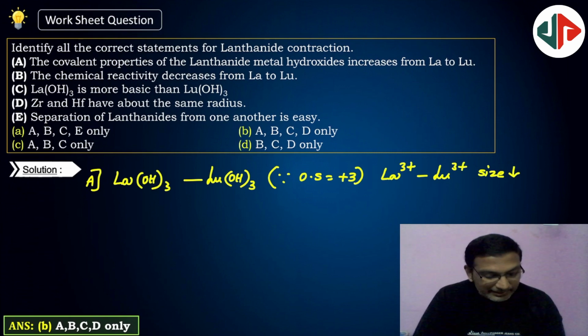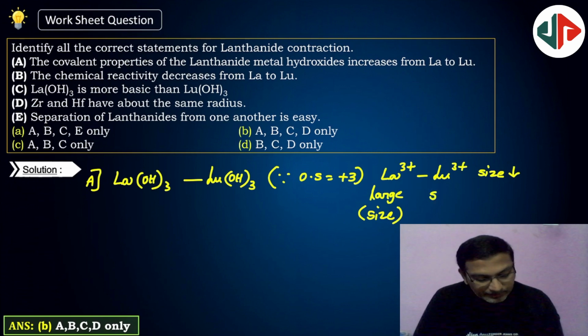So size decreases, meaning lanthanum has a large size and lutetium has a small size.